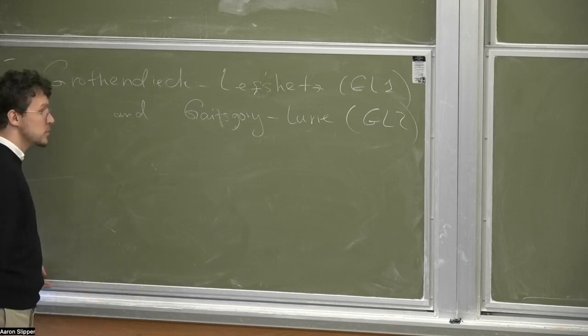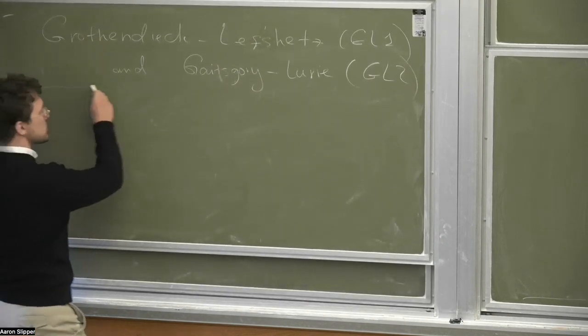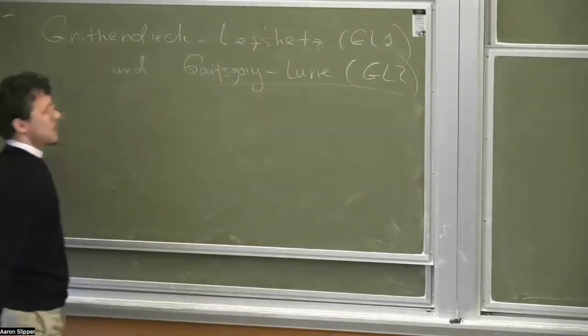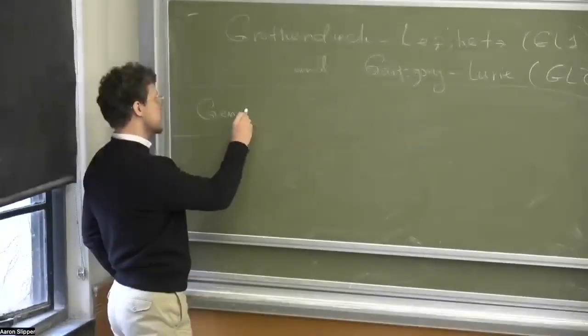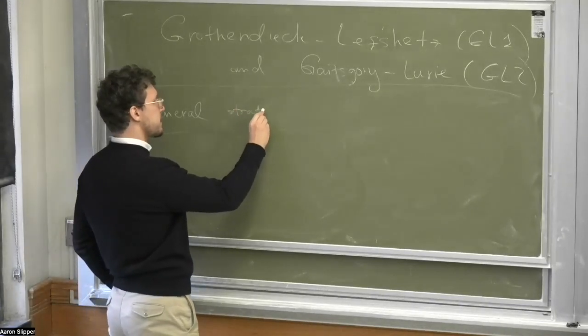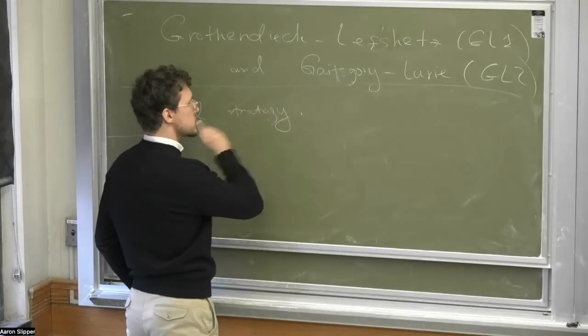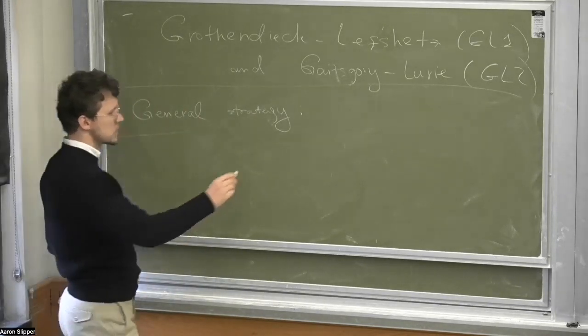So I want to recall first a little bit about the general strategy for proving a number. This was explained very well in the talk of Behrend, the first talk.